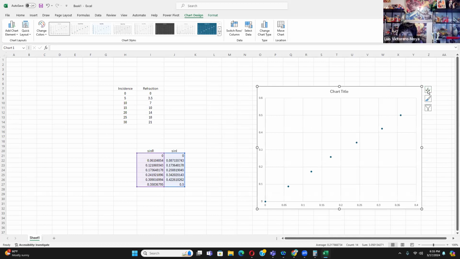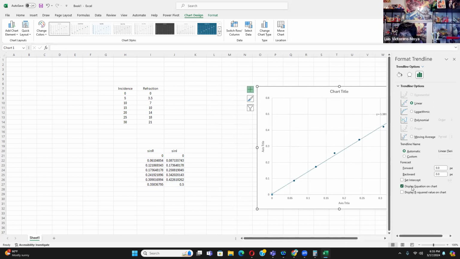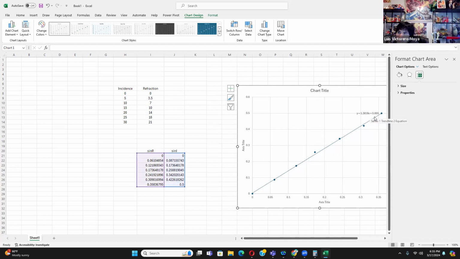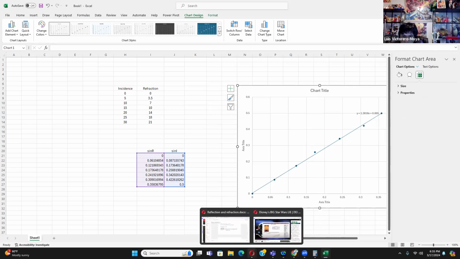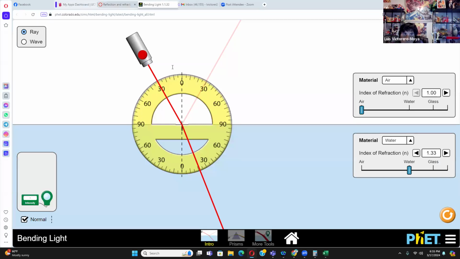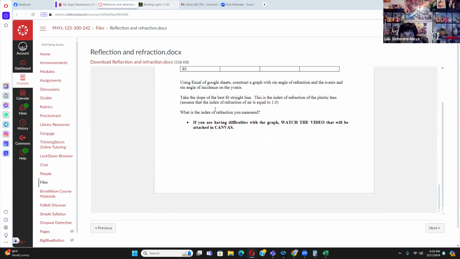Add axis titles, trend line, go to options and make it so I can see the equation. 1.38. The theoretical value is 1.33. And then you can answer this question basically.